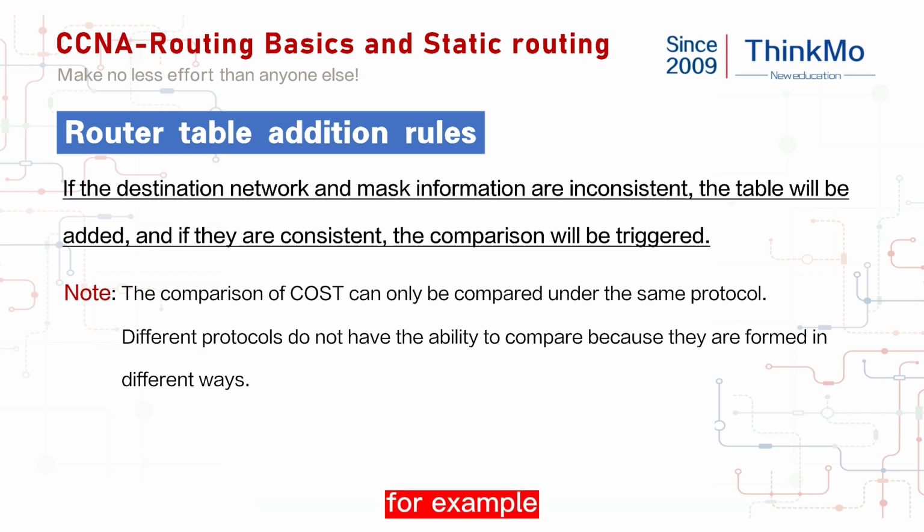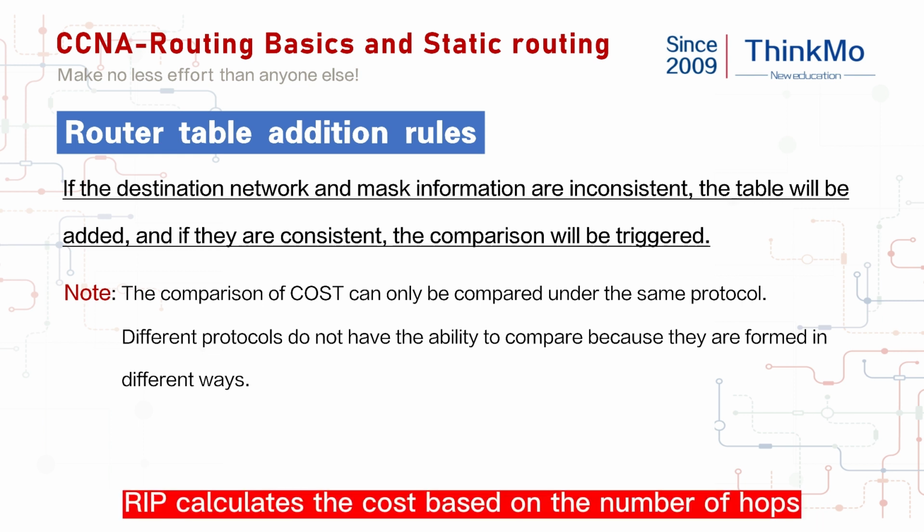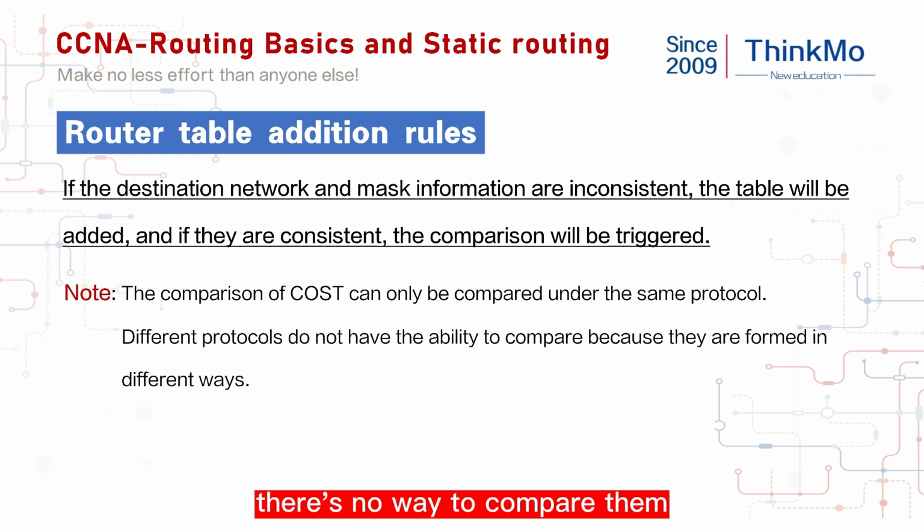For example, there is now a RIP protocol where the cost is 1, and the cost in OSPF is 10. The cost of RIP cannot be compared with the cost of OSPF, because RIP calculates the cost based on the number of hops, and OSPF calculates the cost based on bandwidth. They are two different protocols in themselves, so there's no way to compare them.